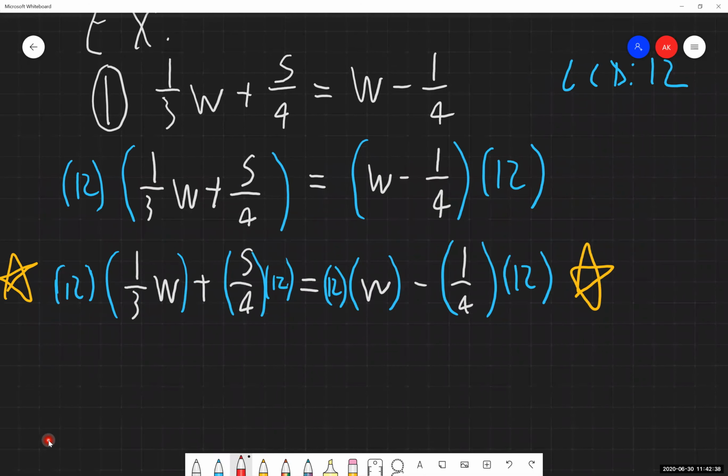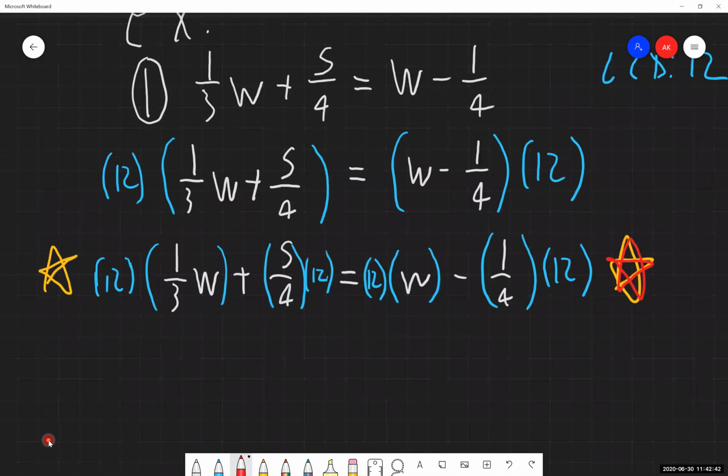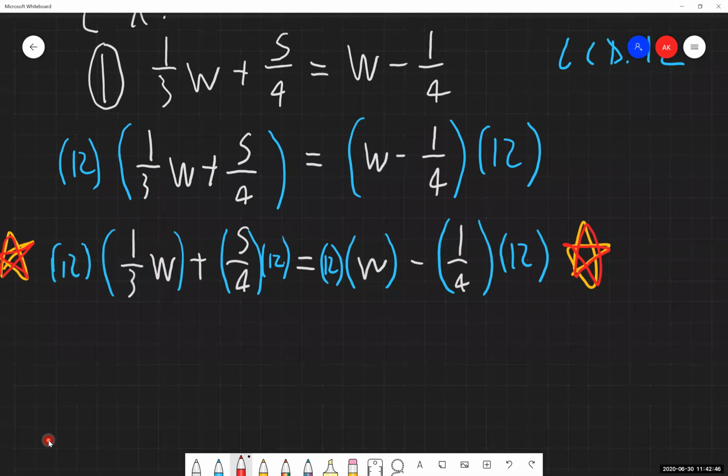If you do not do this and you start canceling things otherwise, there's a lot of room for error. A lot of people get a lot of wrong points, or miss a lot of points, I should say, because of that. So the second line of work, one that we have right here, is optional.